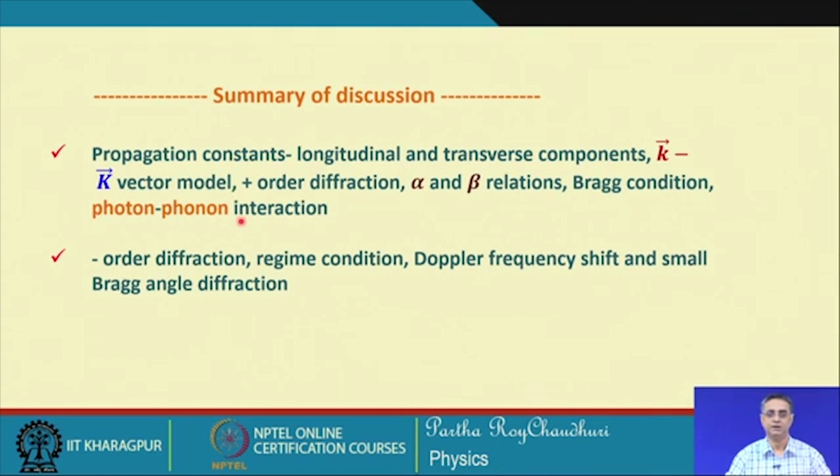Phonon was attributed to the acoustic wave, and photon represents the optical wave. Therefore, this interaction also brings out this Bragg condition. Then we looked at the regime condition, that is the line below and above which Raman-Nath and Bragg diffraction should occur.